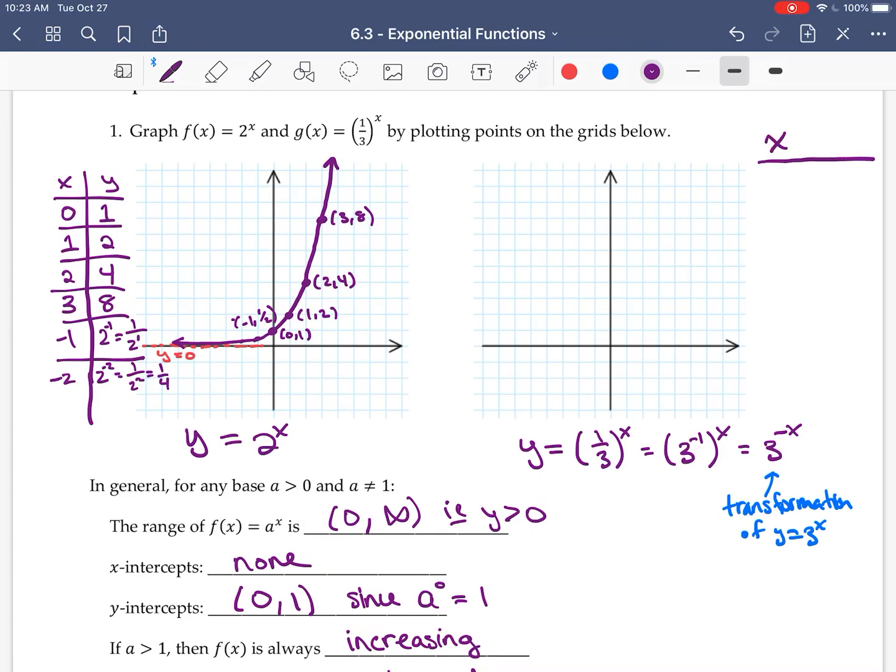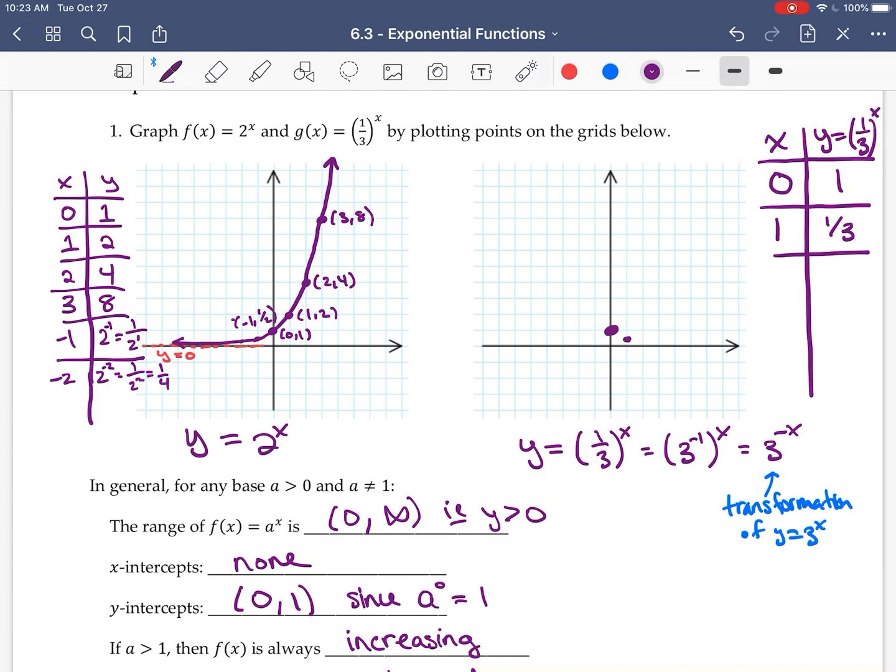So if we have our x values, and then some y values, being 1 over 3 to the power x. Obviously at 0, anything to the power 0 is 1. So we have a point at 0, 1. If I have 1, then I have 1/3 to the power 1, which is going to be 1/3.